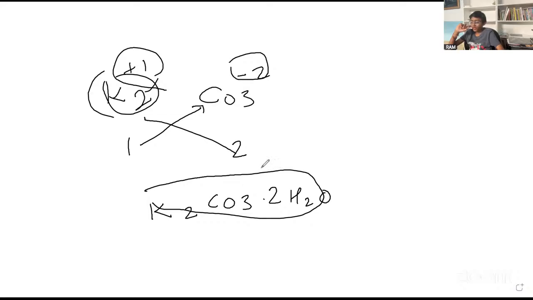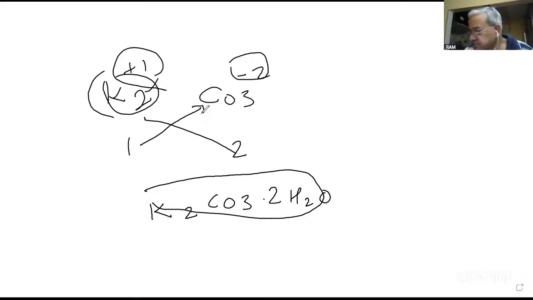Now 53. Carbon monoxide, what is the formula? CO. And carbon dioxide? CO2.